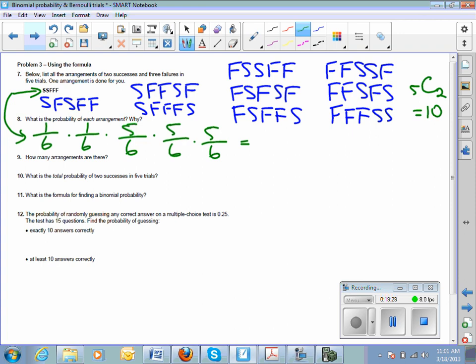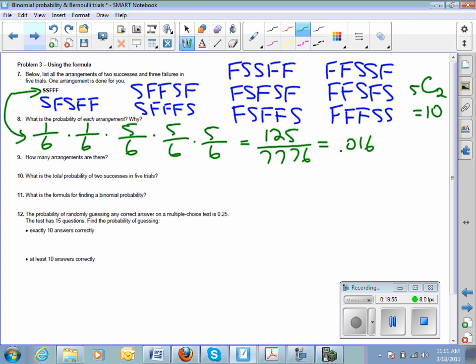I got 125 over 7,776. And what is that as a decimal? 0.016. So about a 1% chance of getting 2 successes and then 3 failures.